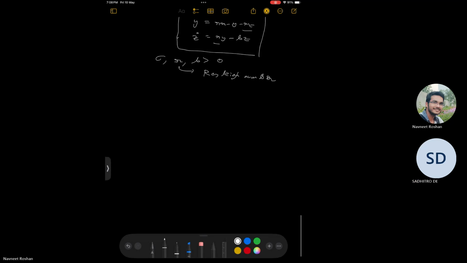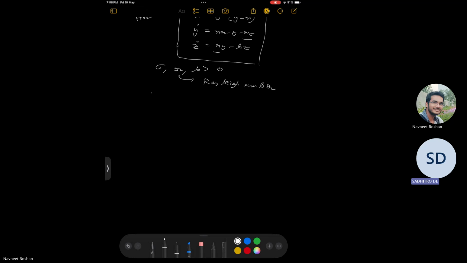One interesting thing to note about these equations is the symmetry of the equation. What is the symmetry? The equations remain invariant if you change x to minus x and y to minus y.